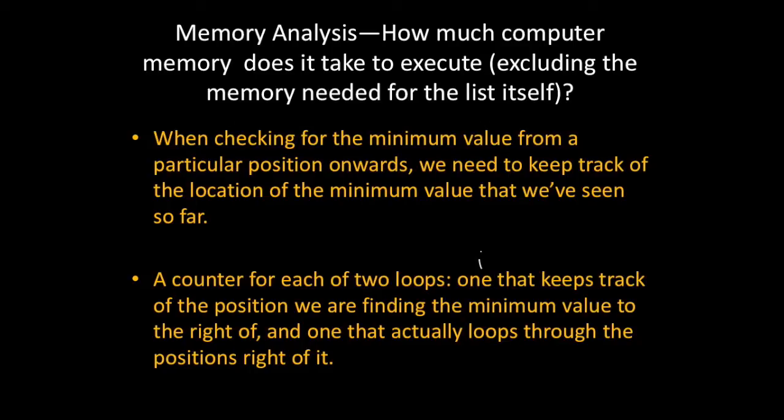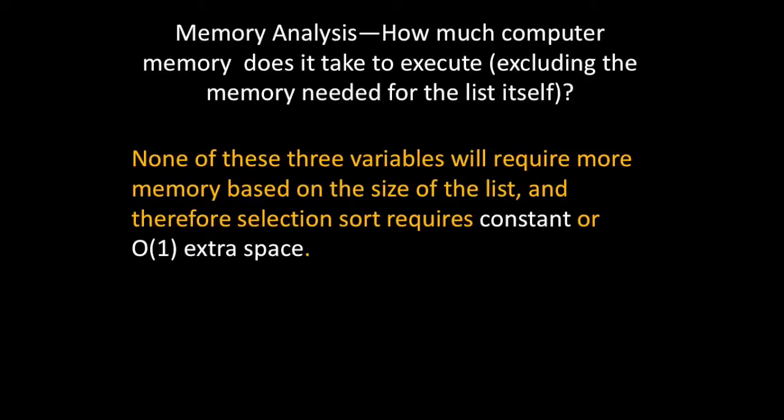Another that actually loops through the positions right of it. That's the inner loop, or informally the J loop. Well, none of these three variables will require more or less memory based on the size of the list, and therefore selection sort requires constant or O of 1 extra space.